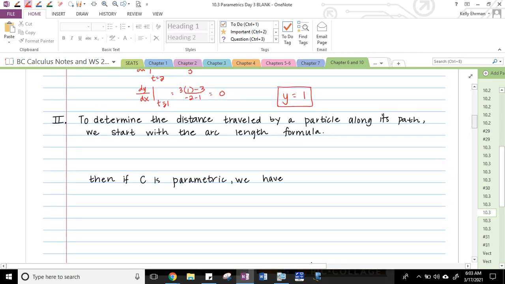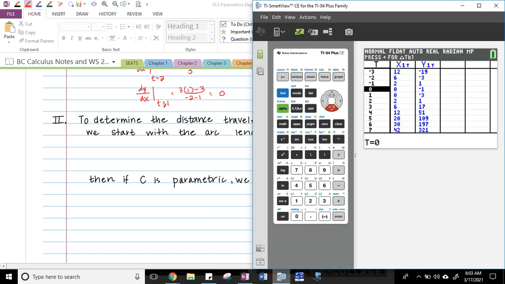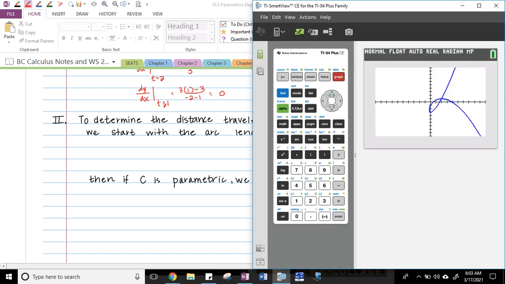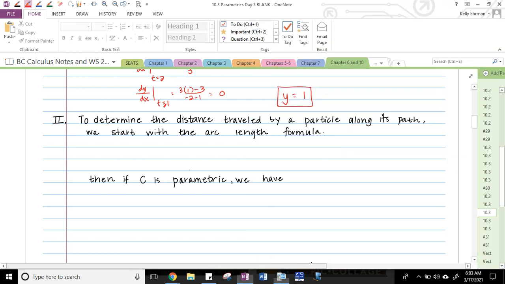All right, here's a new thing. To determine the distance traveled by a particle along its path, we start with the arc length formula, because if you look at the path of this particle, since it's not a linear distance, I'm looking at essentially an arc length.